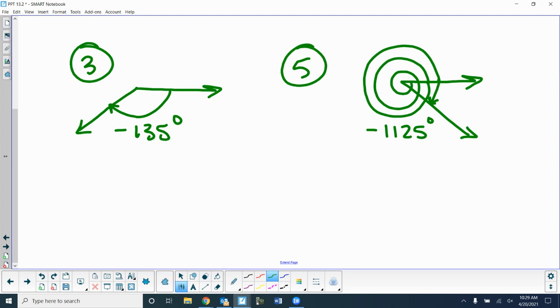But you're right. 70. Yeah, 70 degrees. Okay? So it was negative 250, right? Negative 250, negative 90, negative 180, not quite negative 270, right? So how much is 250 past 180? 70 degrees. That's the reference angle.